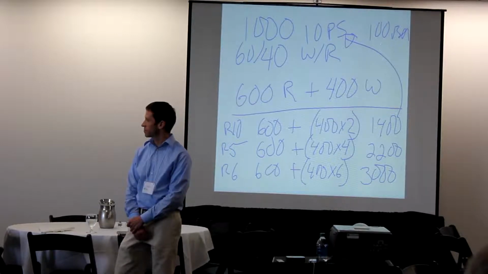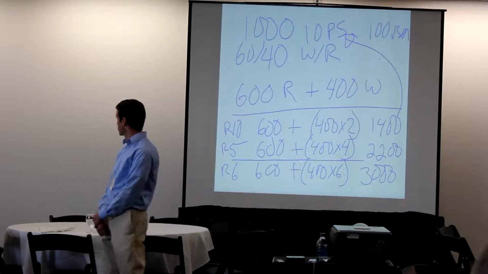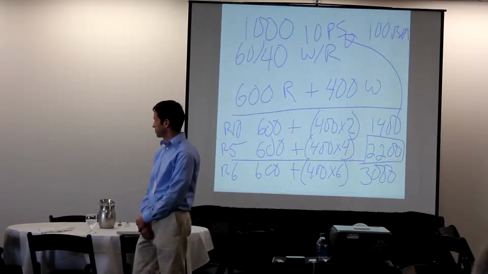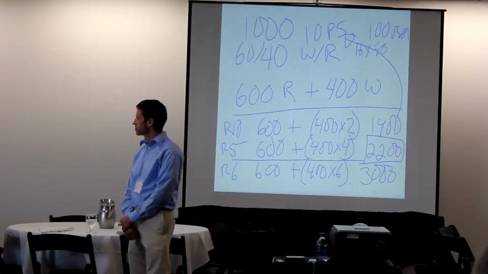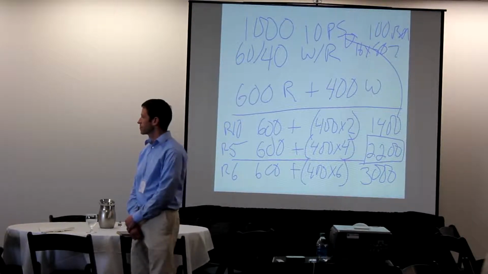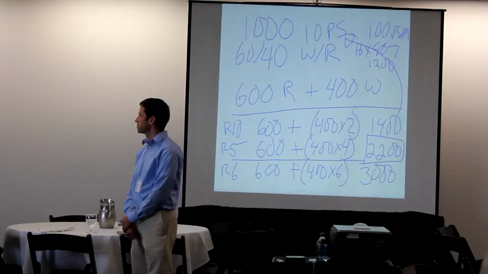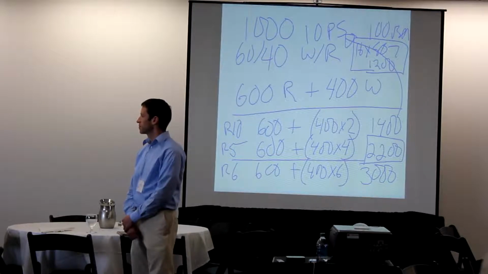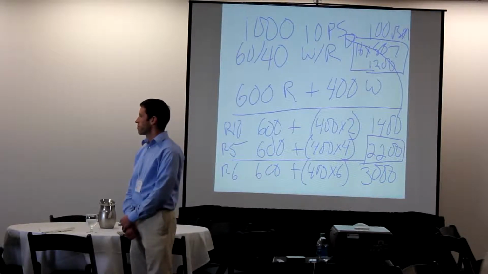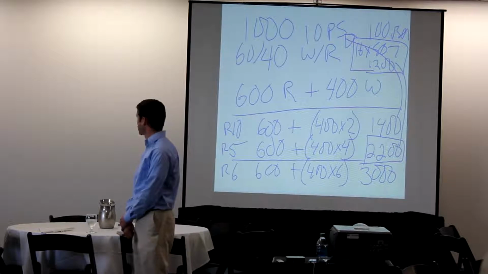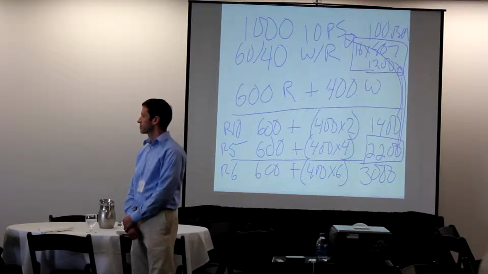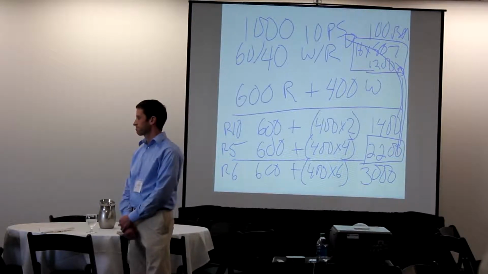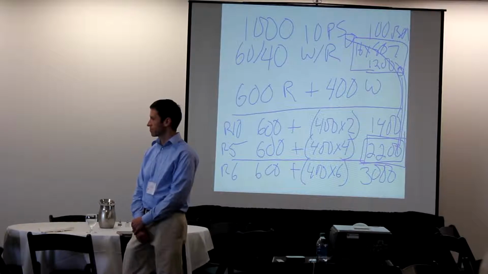It's RAID 5, and you need 2,200 IOPS to support that, but with your 16 times 80 IOPS and the RAID and everything, you're only going to get about 1,200 out of the back end of that. There's only so many spindles you have, and you bought SATA drives. So what's going to happen when those 100 people try to connect and need 1,000 IOPS? You can only provide 1,200, but because of the RAID overhead, you need to produce 2,200 to get them 1,000.